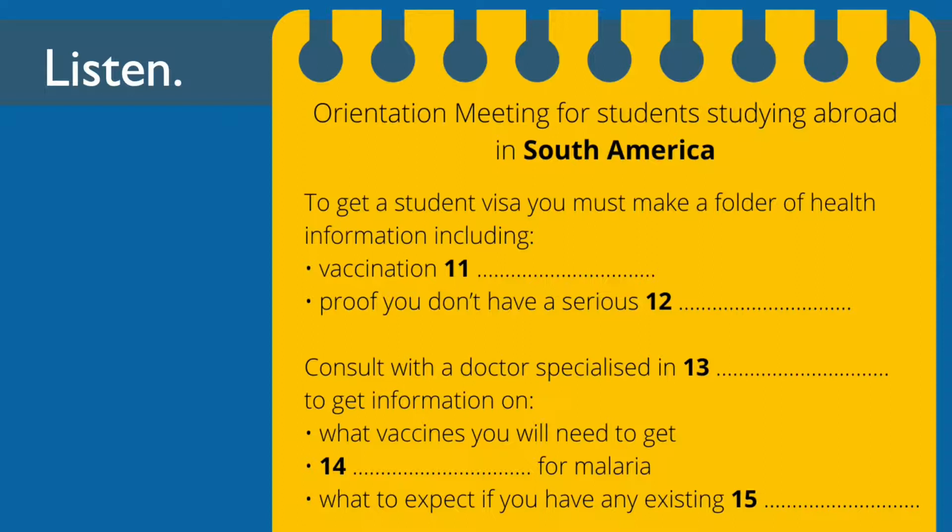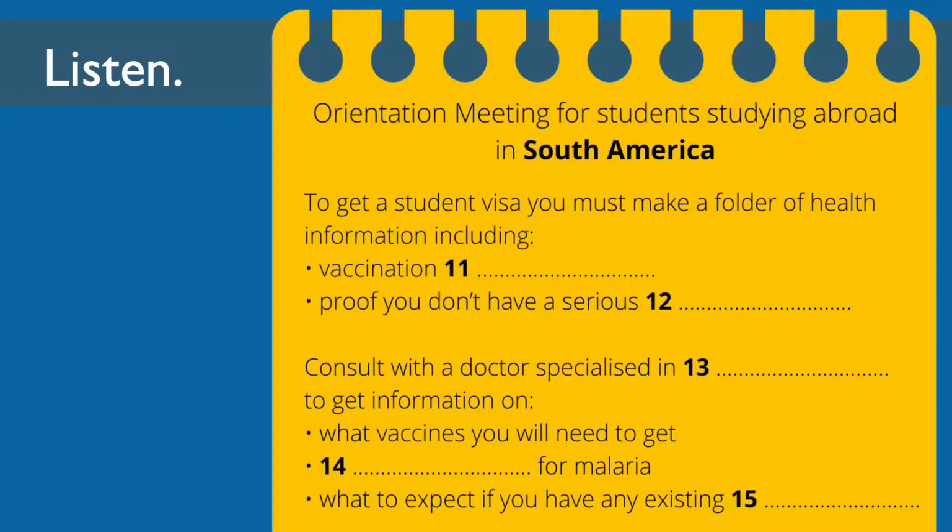For many of you, this will also entail getting some extra vaccinations, depending on your destination country. All the specifics that each of you will need are to be found in your host country handbook that you received when you were accepted into the programme. Also, each one of you is required to attend a consultation with a doctor at the Student Health Centre who is specialised in travel medicine.